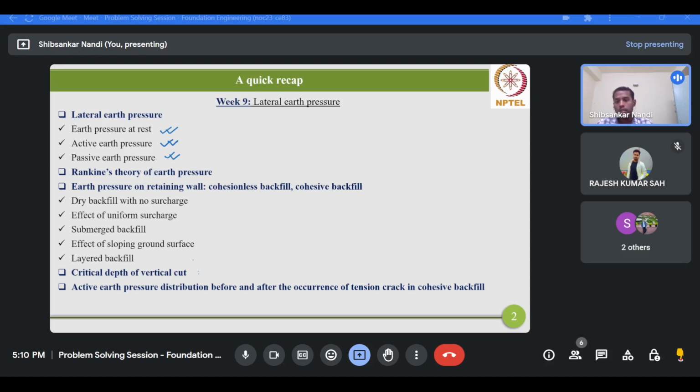Through this numerical problem solving session, we'll learn more details about the occurrence of tension crack in cohesive backfill, and how it influences the active earth pressure distribution behind the wall before and after its occurrence.